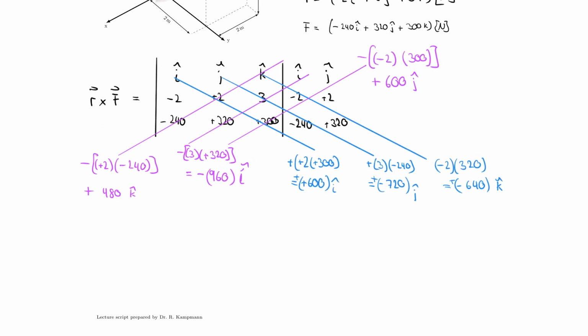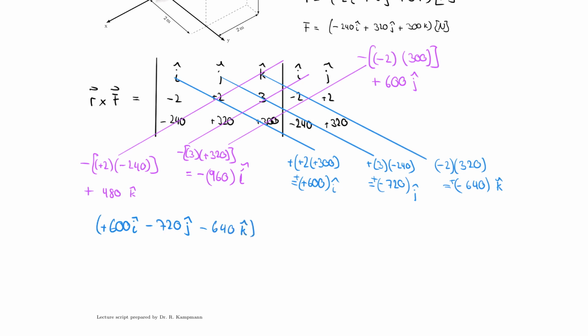All right, now I can collect all my components. Let's do that one by one. So first, I just write them down as two individual vectors. So for example, I have 600 I hat minus 720 J hat minus 640 K hat.